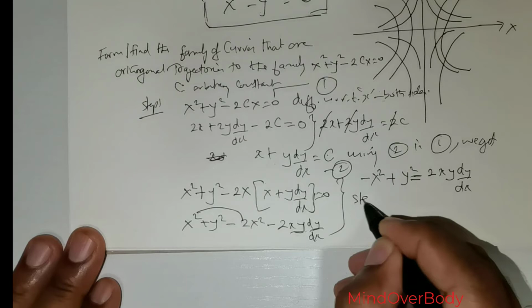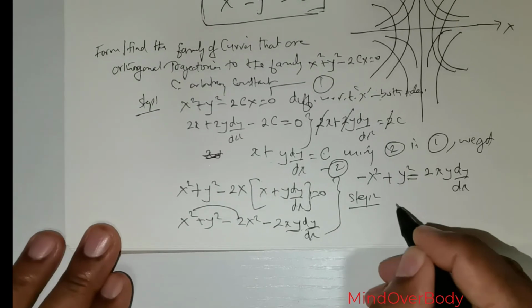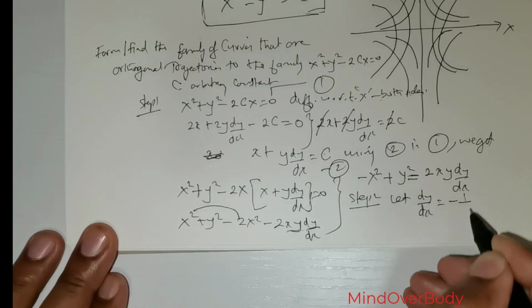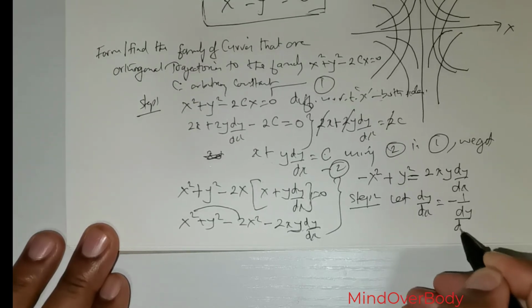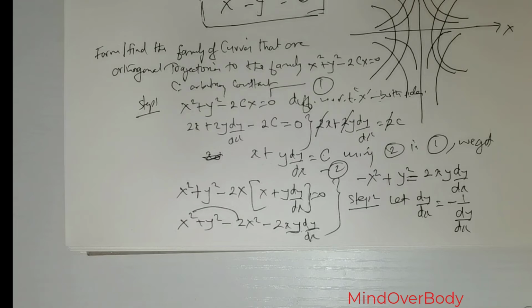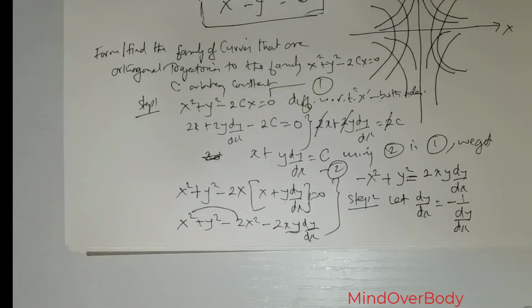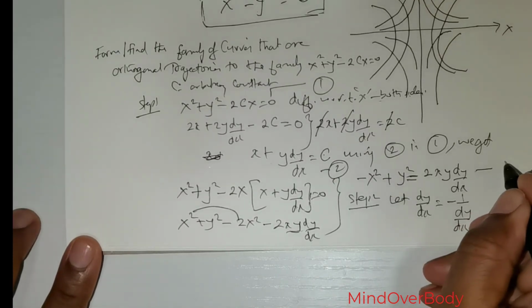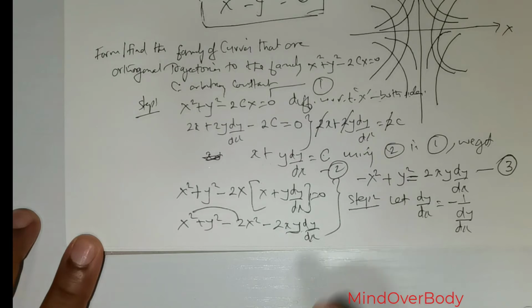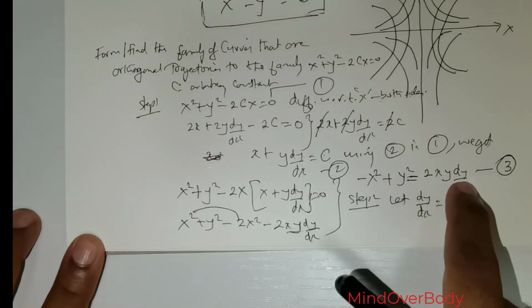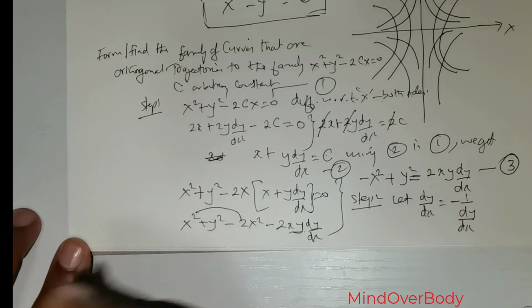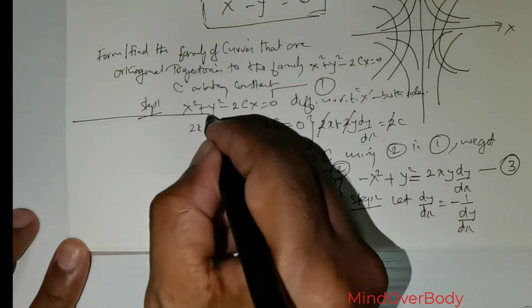Now for my step 2, I'm going to say let dy over dx be equal to minus 1 over dy over dx. So this is the substitution that I will have to make, and I will take this as, say, 3. So I'm going to take the substitution over here.